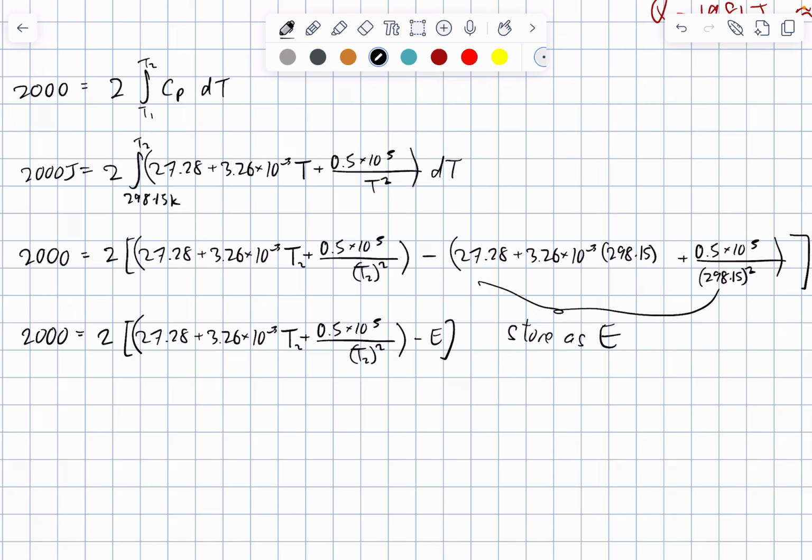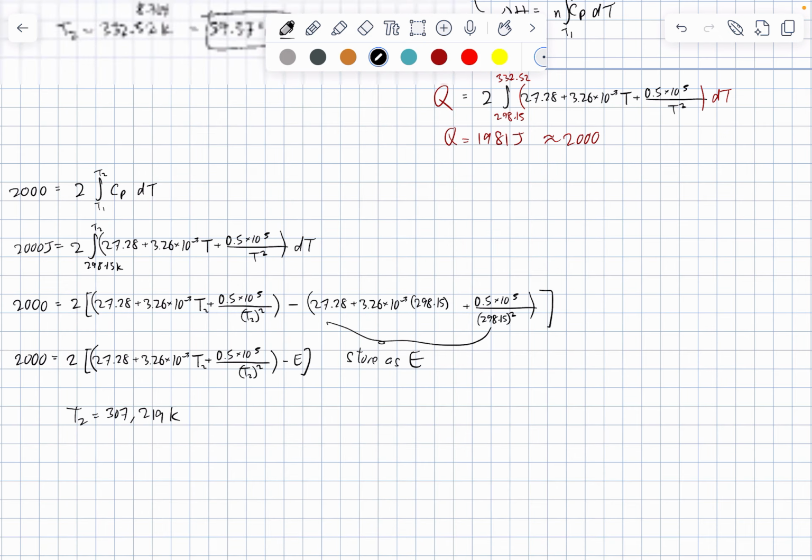I don't know why, I don't know what's wrong. 2000 equals 2 times quantity 27.28 plus 3.26 times 10 to the negative 3 x plus 0.5 times 10 to the 5th over x squared, minus E. I don't see anything wrong. Temperature 2 is 307,219. I don't know why.